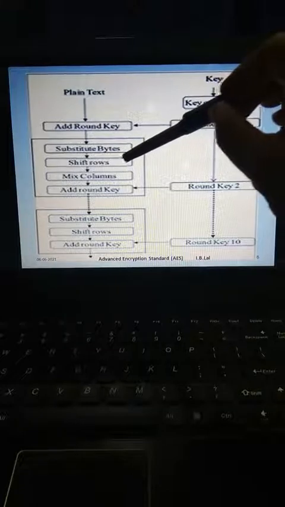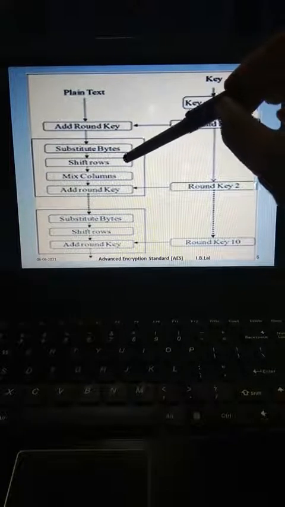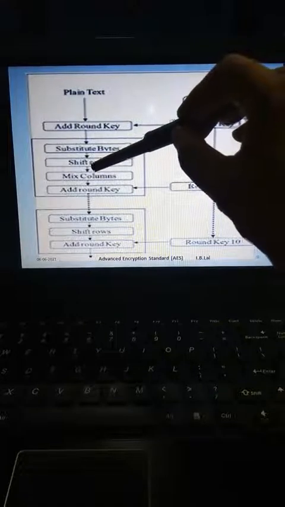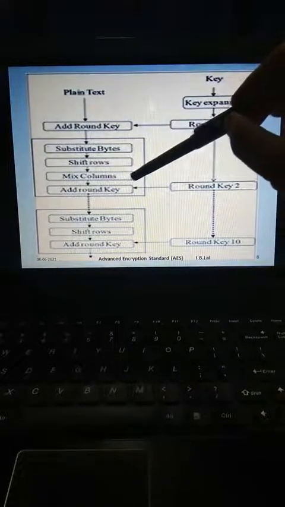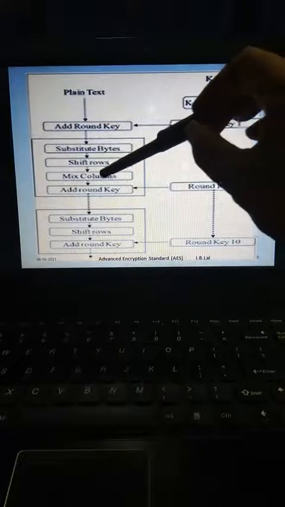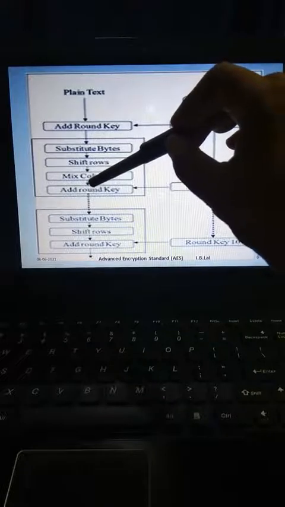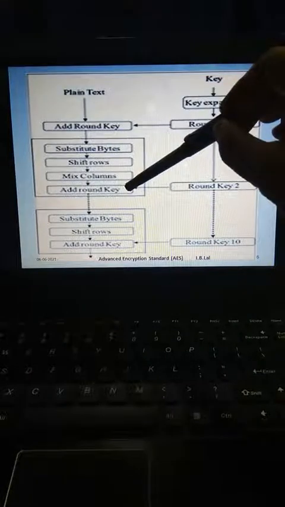Here rows are shifted with a circular shift, and the output becomes input to the mix columns function. The output of the mix columns function becomes input to the add round key.